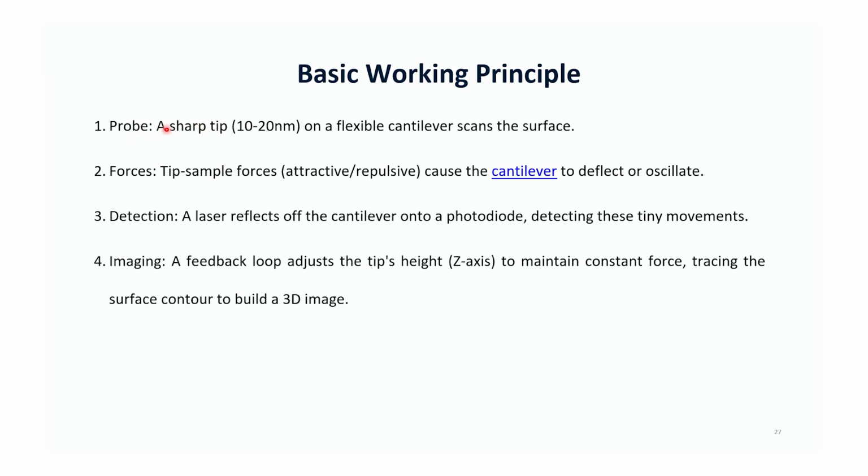There's a probe, the sharp tip, a needle of 10 to 20 nanometer, placed on a flexible cantilever that scans the surface. Then the tip sample forces, either attractive or repulsive, cause the cantilever to deflect or to oscillate. Then detection: a laser reflects off the cantilever onto a photodiode, detecting these tiny movements.